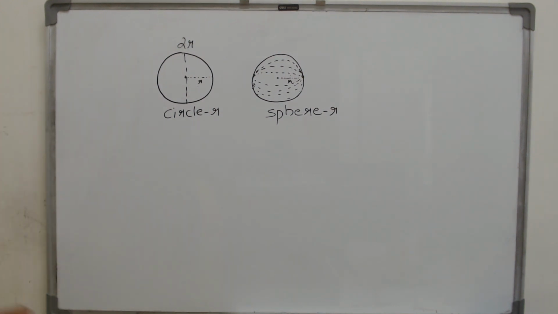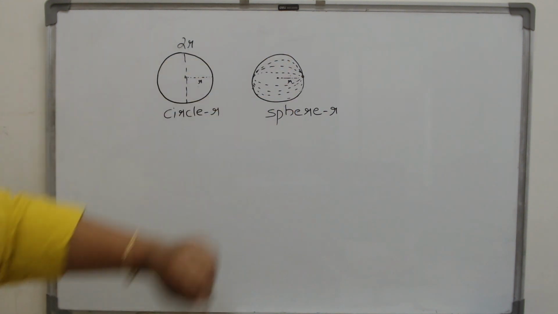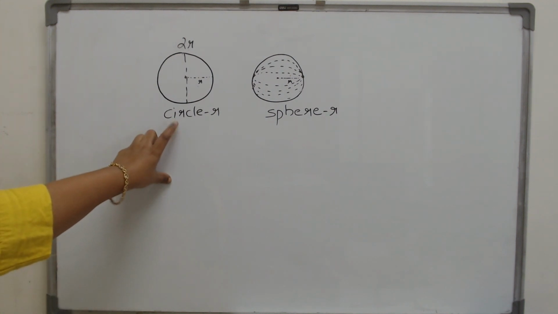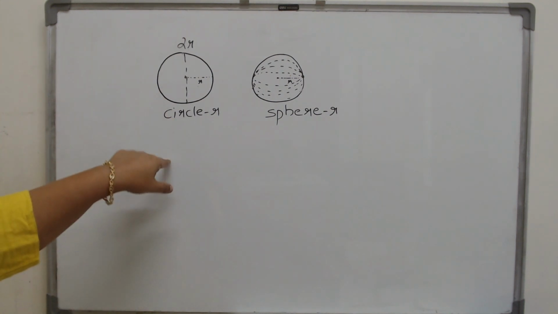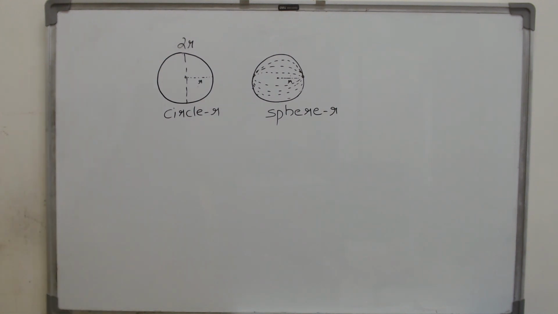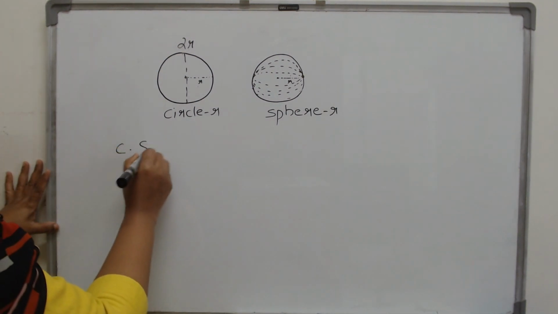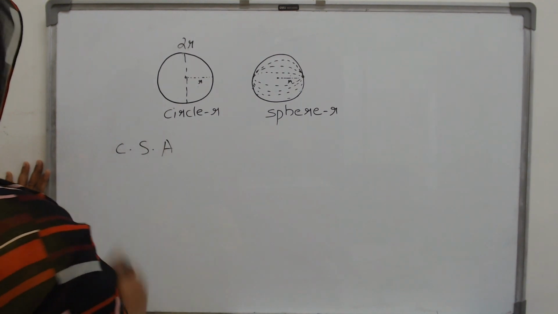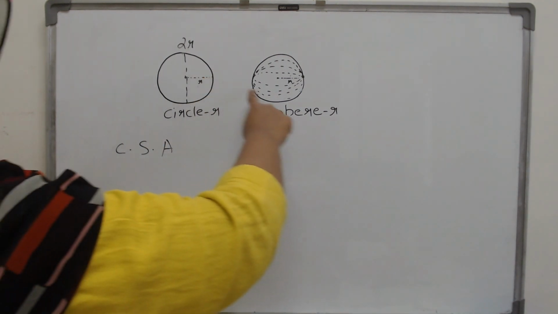Now we come to two basic concepts which are connected to any shape. What is that? A surface area and a volume, both of which the circle does not have. It does not have a volume. It has only an area, not a surface area. Now, what is the curved surface area or any surface area of the sphere? Look at this one.